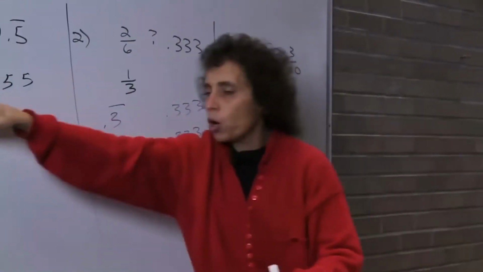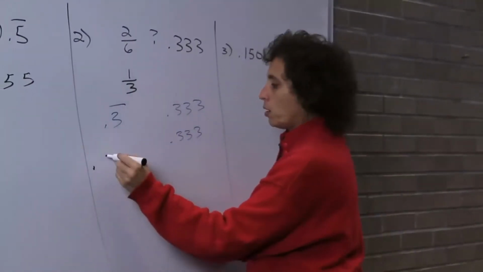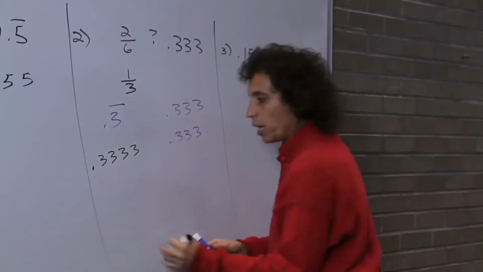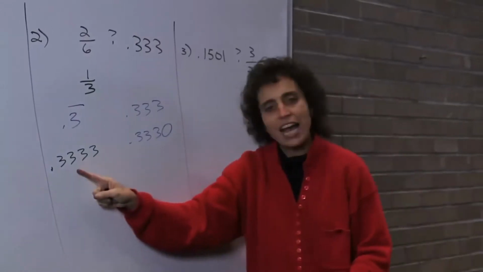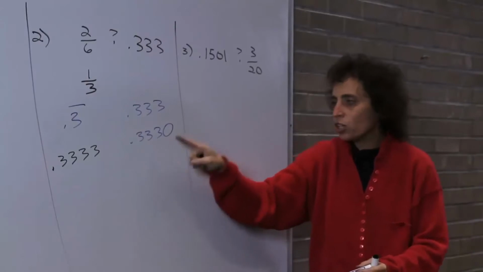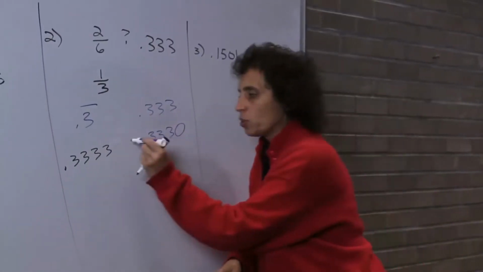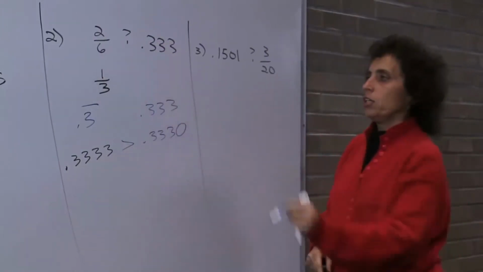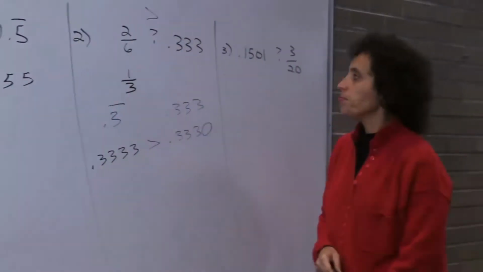Yes, 1 more place. So we're going to do 0.3333. Bring it 4 places. Add your zeros. Think of this as 3,333. Think of this as 3,330. That makes this is greater than. So this is greater than that. So the is greater than symbol goes here. So the is less than symbol goes here. The is greater than symbol goes here.